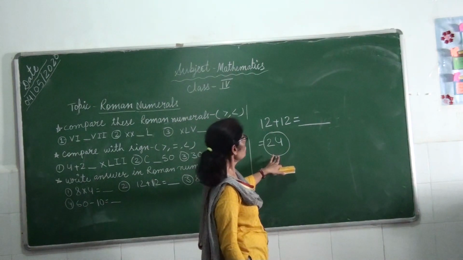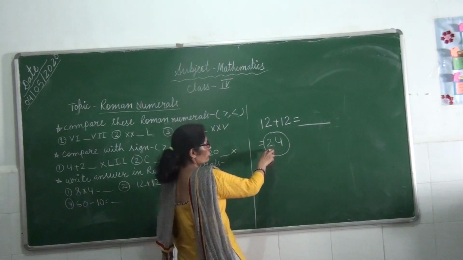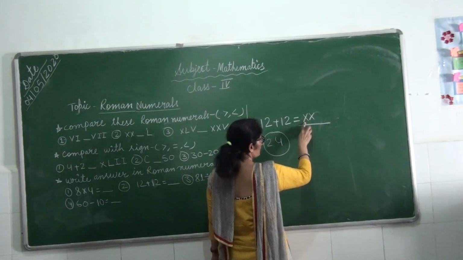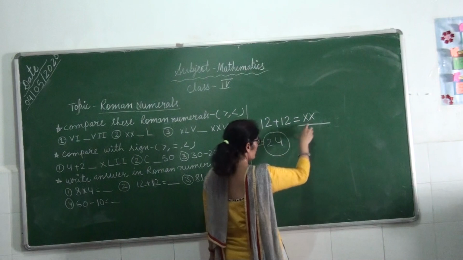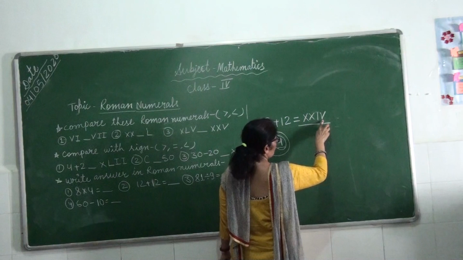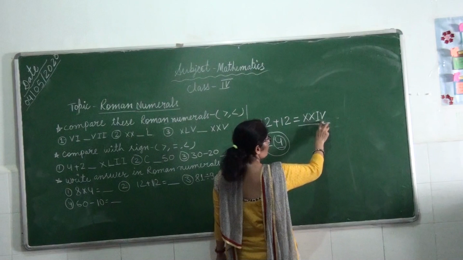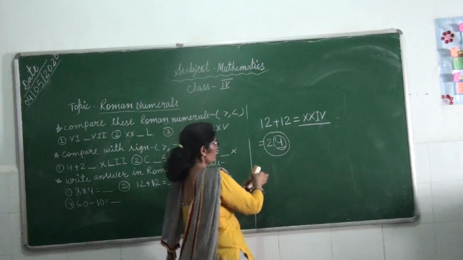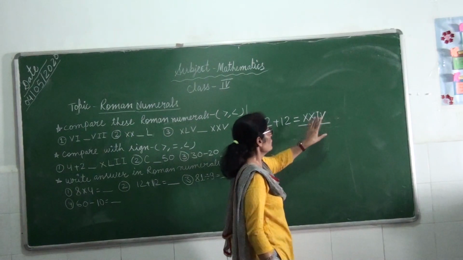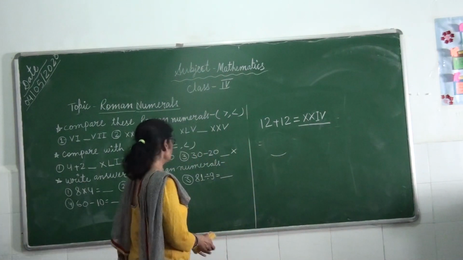Then for 20, what will we write here? 2X. X is 10, 10. You can see here 10, 10, 20 and this 4, 24. The answer will be 24 in Roman numerals.